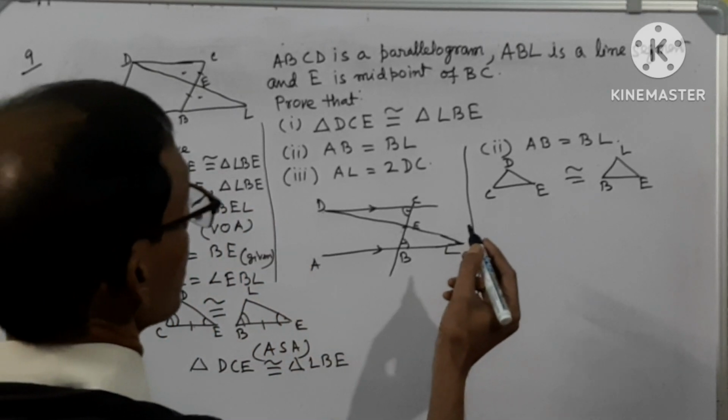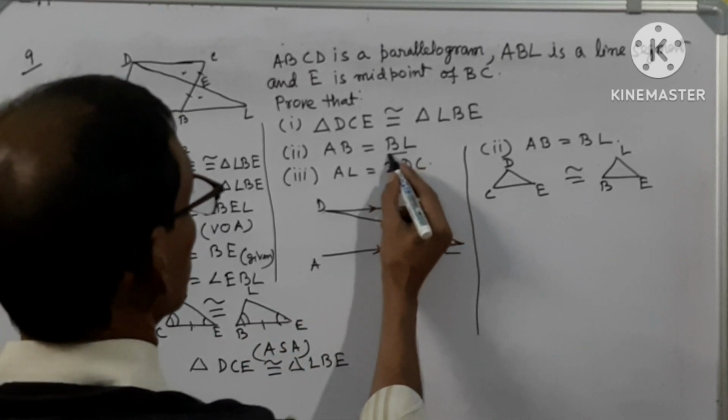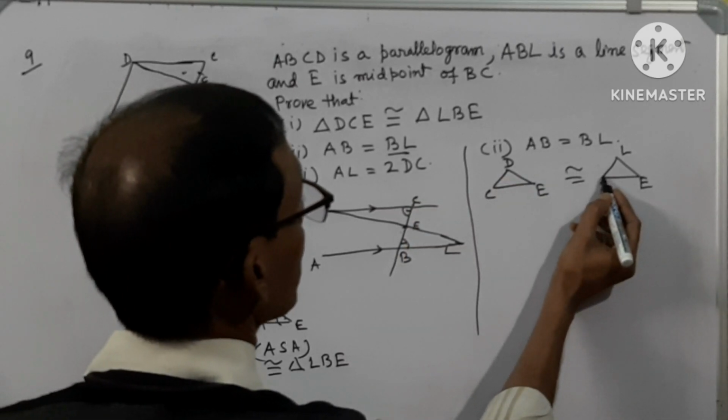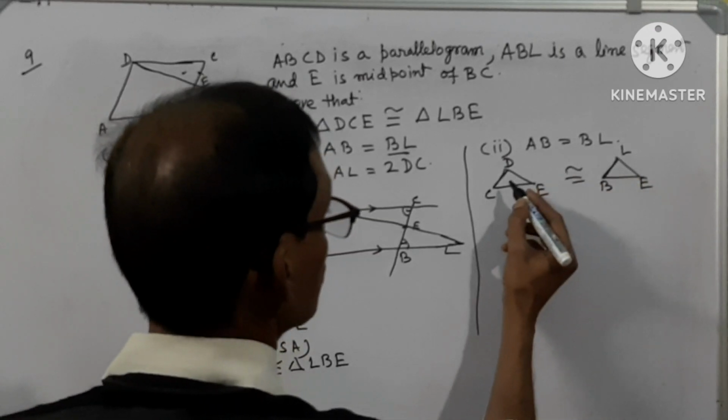So can I write CD and BL are corresponding parts?